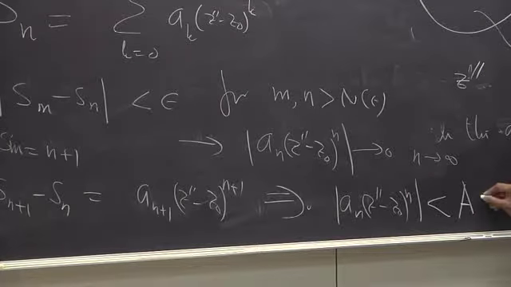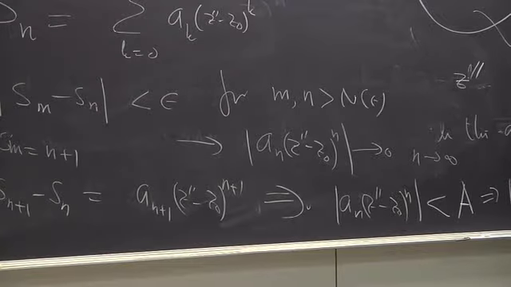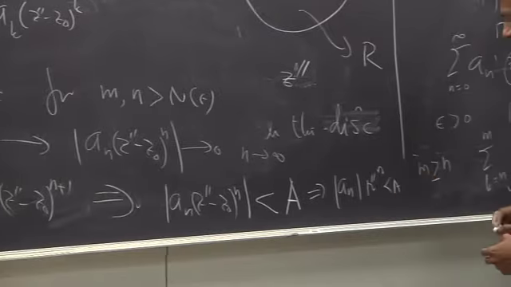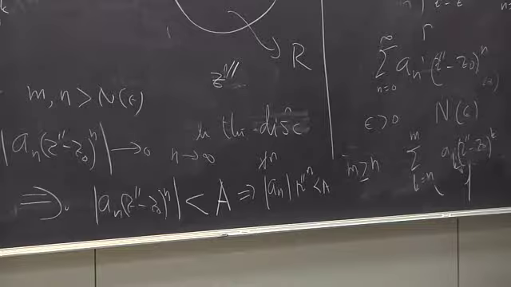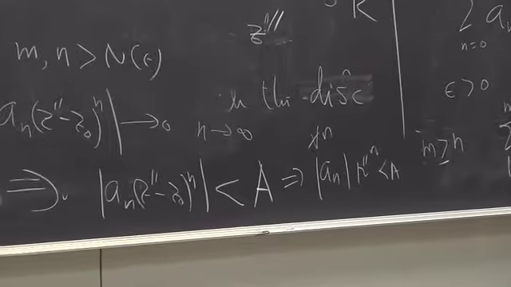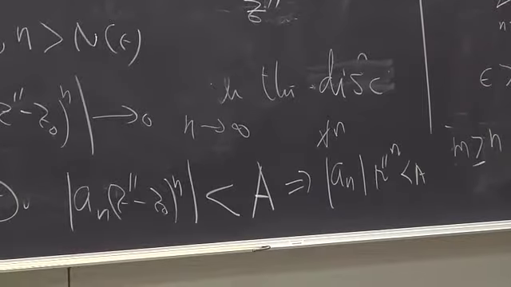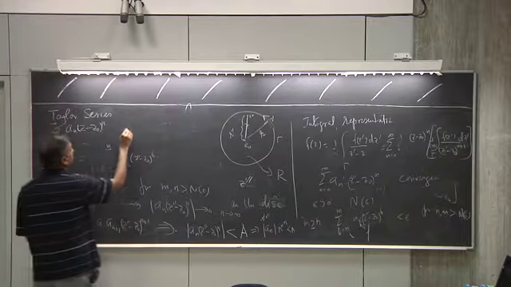This implies it's modulus of a n times r double prime to the n, that's the length, is less than A for all n. That's the conclusion. This is an intermediate step, but remember our aim is to show that this series, the sum over n of a n (z minus z0) to the n, is uniformly convergent.